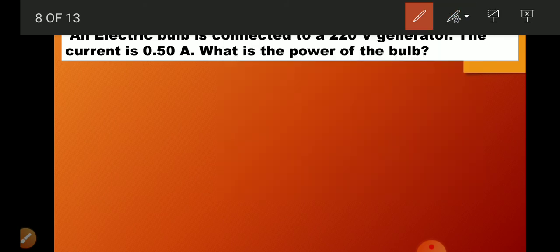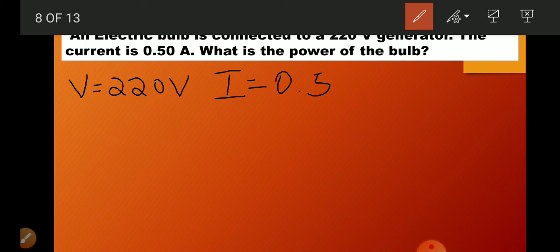Current I is equal to 0.50 ampere. What we have to find is the power of the bulb, so we have to find power P.